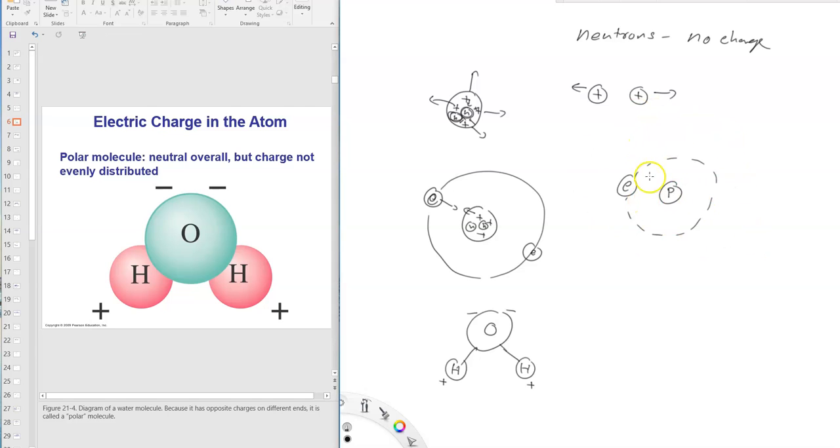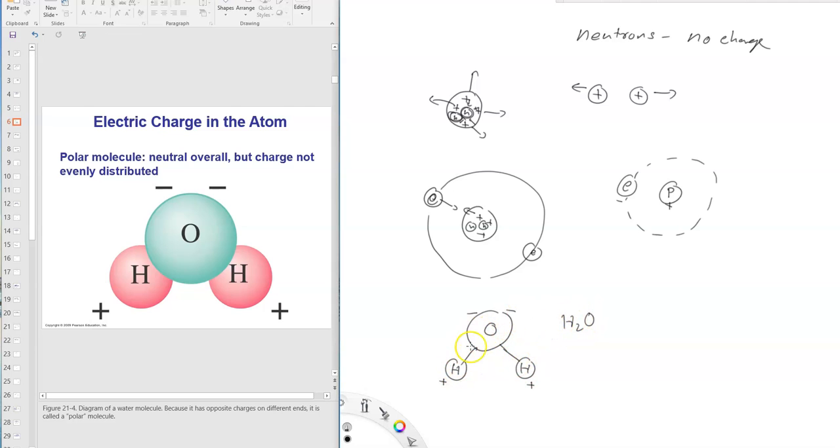So even though I draw this electron over here, it's all around the proton, like an electron cloud with one single electron. Overall, this positively charged proton and the negatively charged electron cancel out the total charge, making it zero in a very symmetric way. But compared to that, there's the H2O molecule.